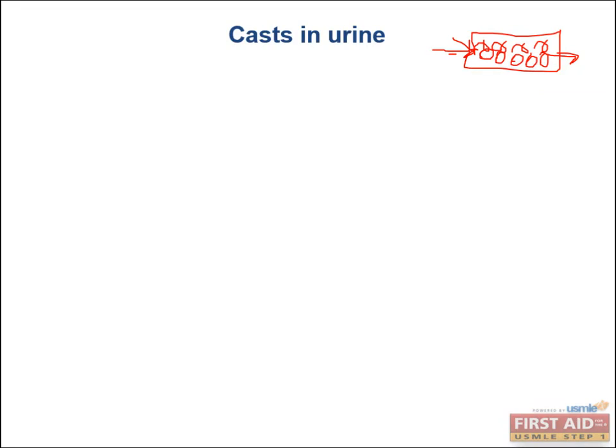And the protein that makes up the cast and holds all those cells together is called Tamm-Horsfall protein.